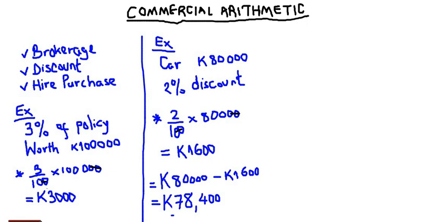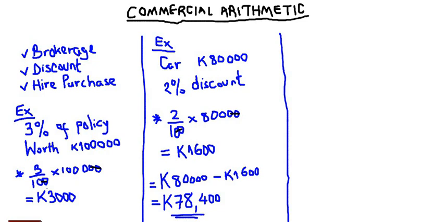So the discounted price for the car will be 78,400. That is a translation of a 2% discount on the price.